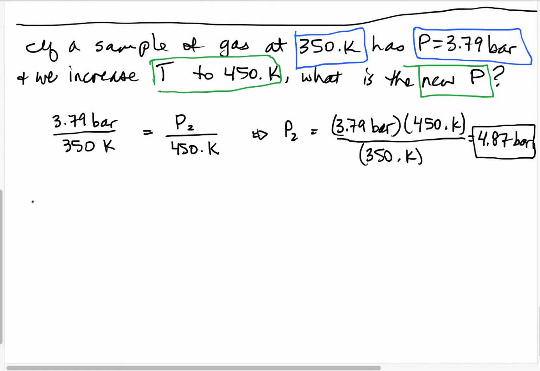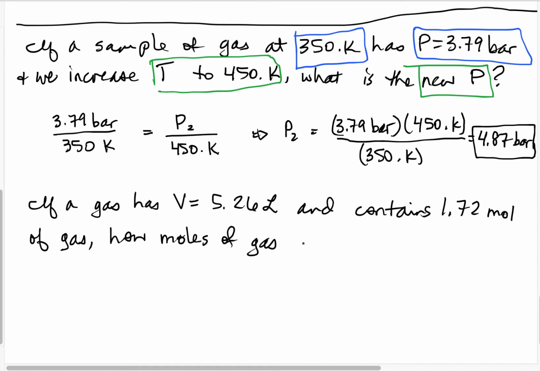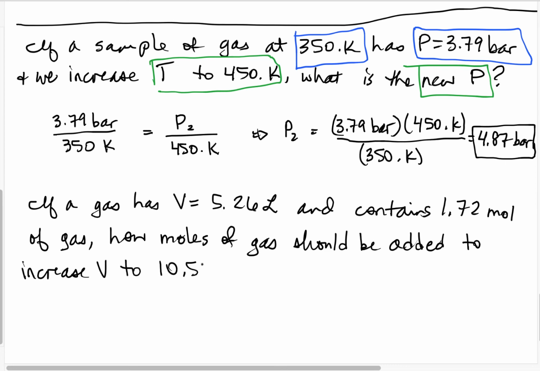Okay, so now let's look at another practice problem. If a gas has volume of 5.26 liters and contains 1.72 moles of gas, how many moles of gas should be added to increase the volume to 10.53 liters?